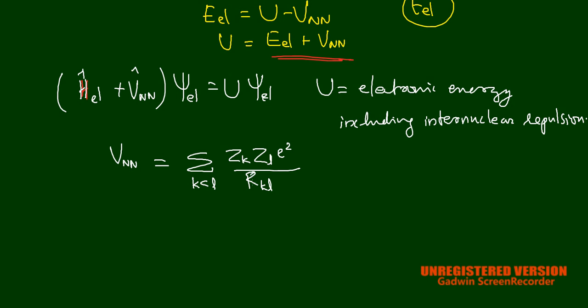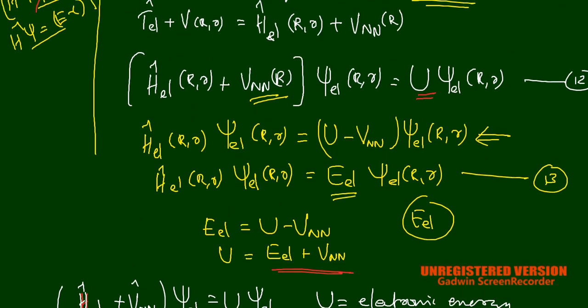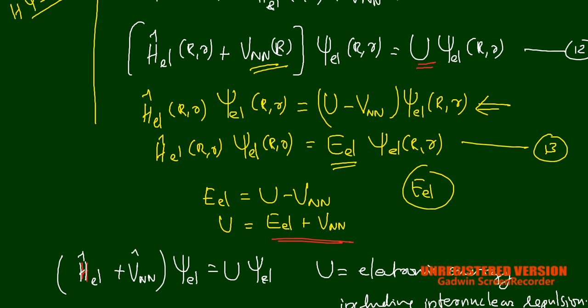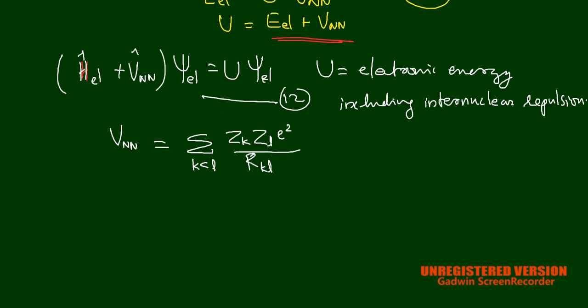Okay, let us check this equation. What was the number of this equation, that is H cap electronic Vnn? That is equation number 12. If we check equation number 12, we have Vnn here, and Vnn depends upon the internuclear distance RKL.